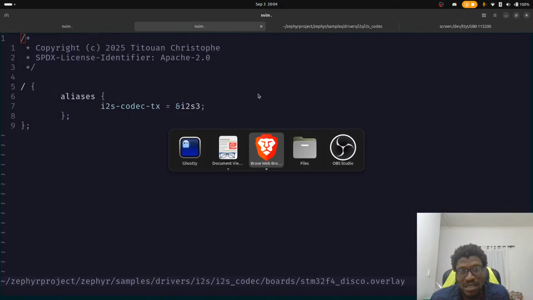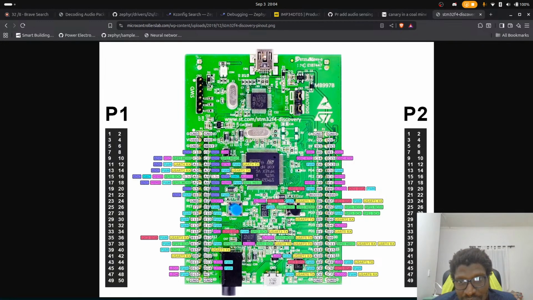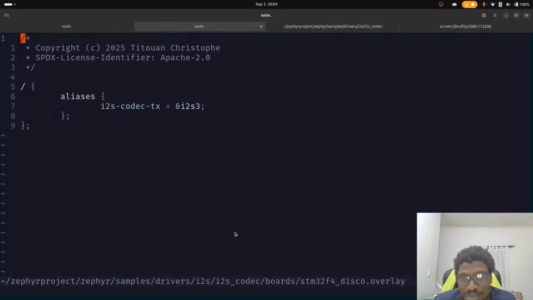So PB10, B10, not here. Oh, mic. B10 goes to the mic. And I think it also goes to I2C SCL.